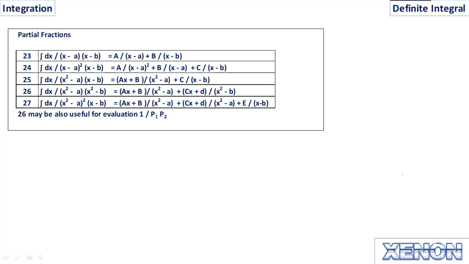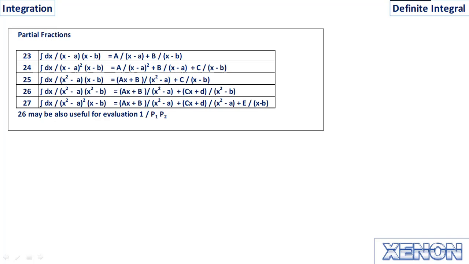When we are getting the integrand in the form of 1 upon (x minus a) whole square into (x minus b), we express the partial form as A upon (x minus a) whole square plus B upon x minus a plus C upon x minus b, and we integrate individually all these terms.